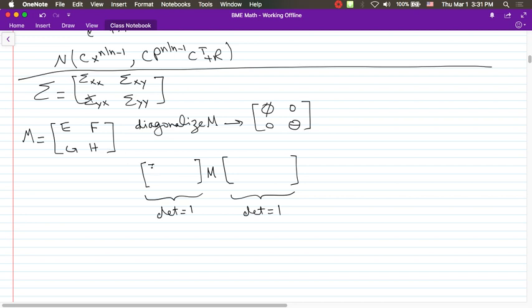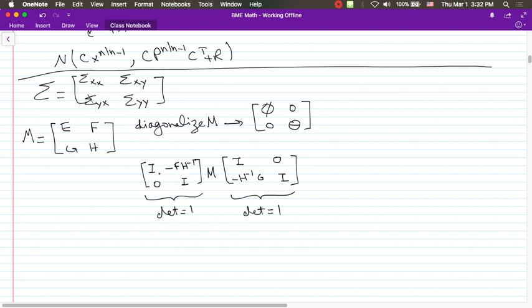So here's how we do it. Multiply on the left side by this, and multiply on the right side by this. This is called a Schur diagonalization.